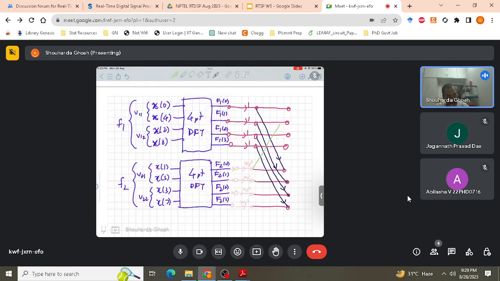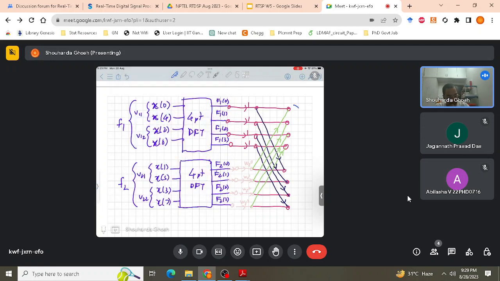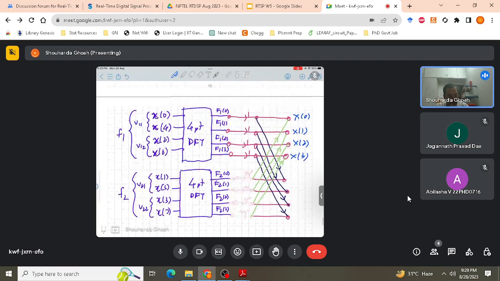Similarly, this one goes over here, one goes over here, one goes over here, and this one goes over here. What do we get over here? X of 0, x of 1, x of 2, x of 3. And for x of 0 to x of 3, all of them were plus.